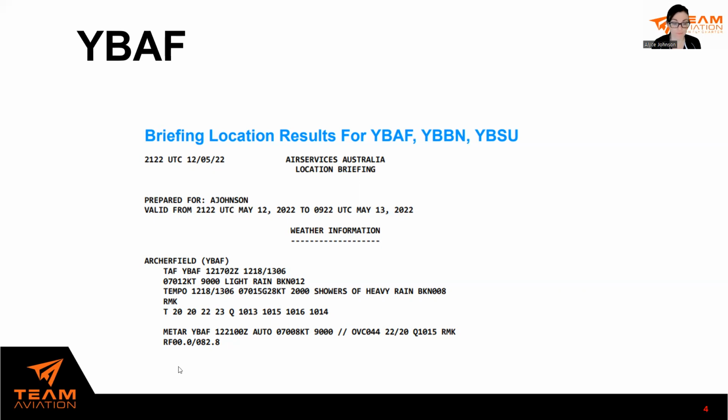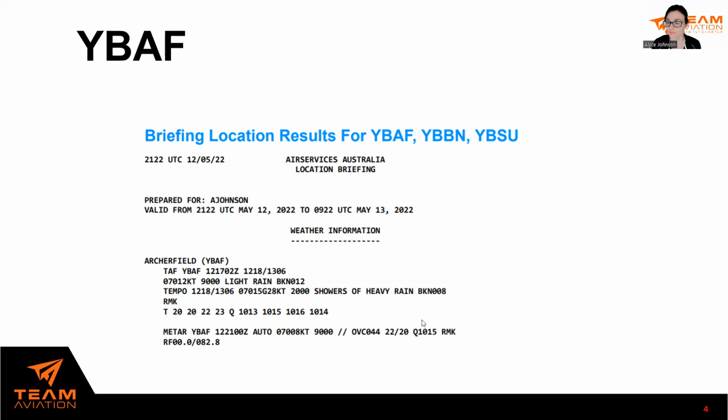So we can see here, this METAR was issued at the date, time 12, and the time of 2100 Zulu, so 7 a.m. local time. It is automatically generated with the wind of 070 degrees at 8 knots, visibility of 9,000 meters, overcast cloud at 4,400 feet, with a temperature of 22 and a dew point of 20.